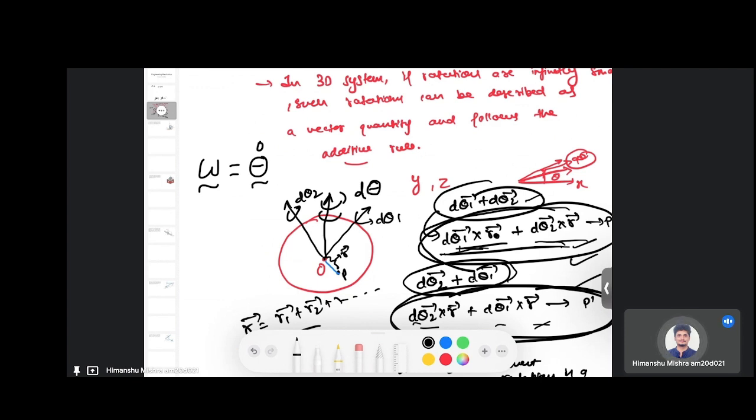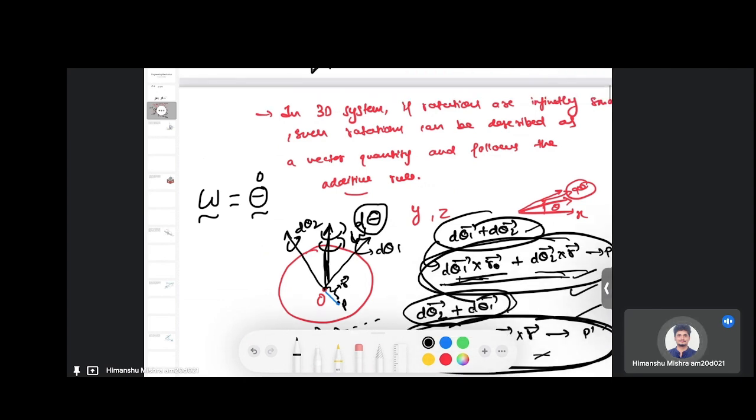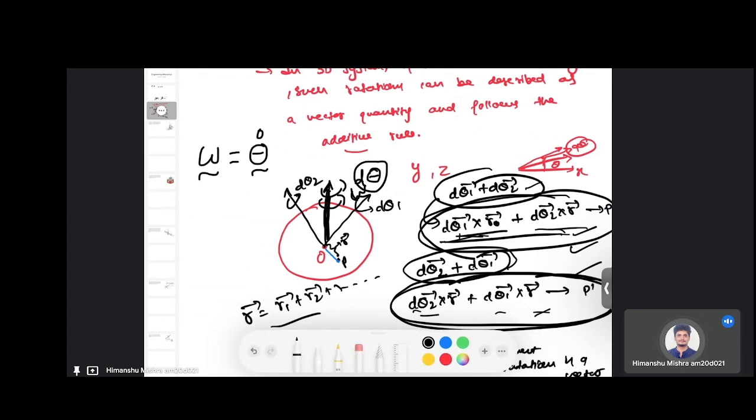The direction of omega is along this axis. So the line which specifies the direction of omega and is collinear to d theta is the instantaneous axis of rotation. So this line is the instantaneous axis of rotation.